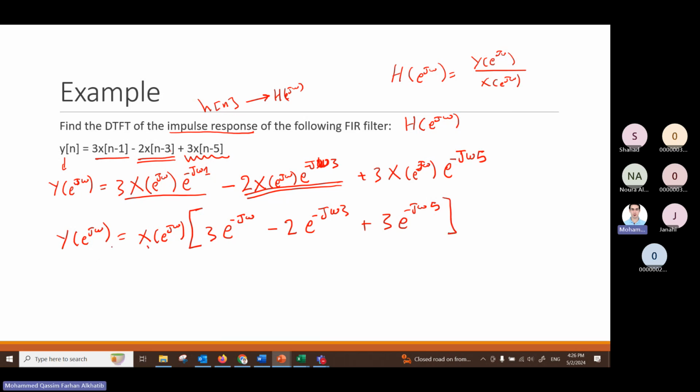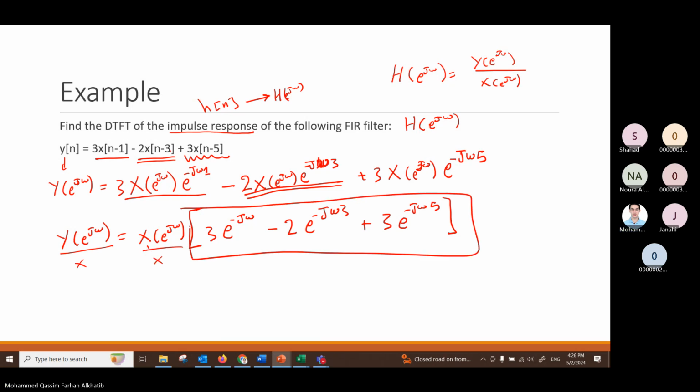And then you just divide over X. So this is the final answer. Is it clear so far? Anything complicated?